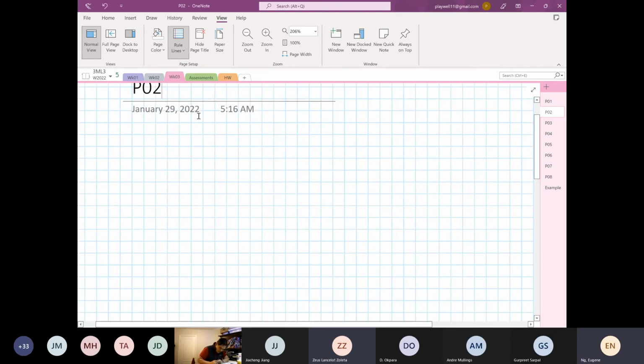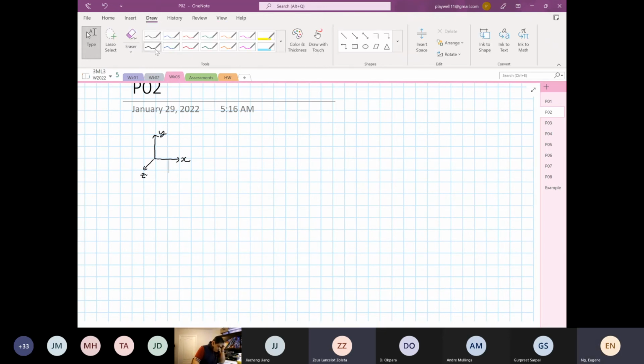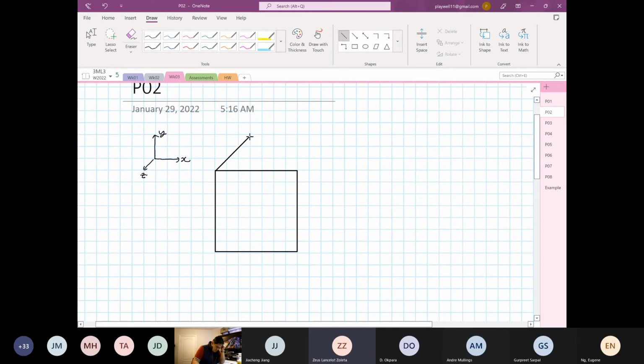So this is our X, Y, and this is our Z. Okay, so if we were to construct this in 3D space, okay, so this is our 3D space. So I'm going to label the planes.